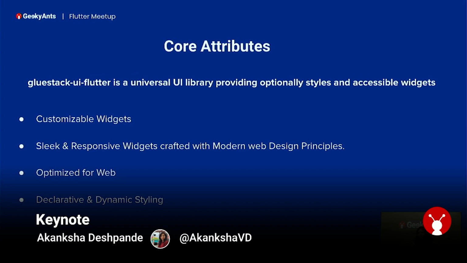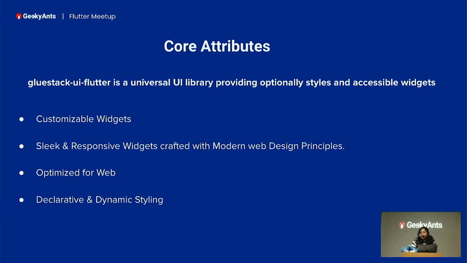What makes this stand out is the style configuration. The styles are set by the JSON configuration. In our future plans, we are allowing the user to change the styles in the JSON format. The widgets are also responsive in nature, and we have built them keeping in mind modern web design principles.